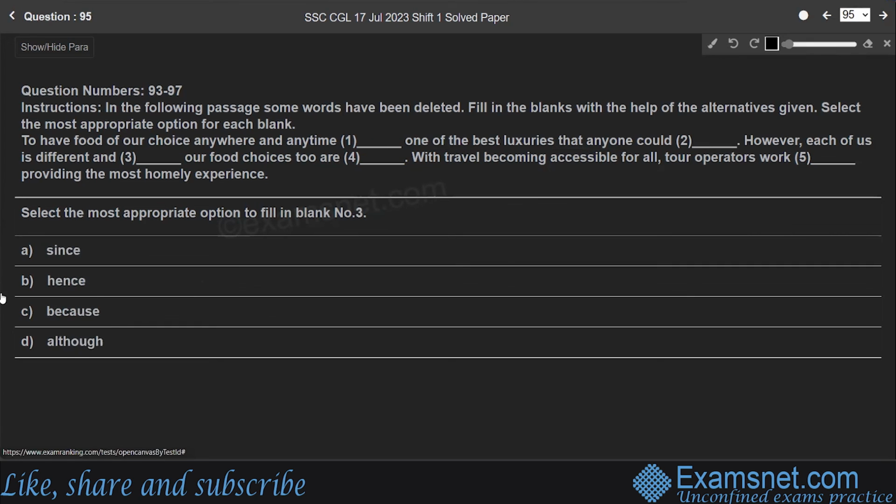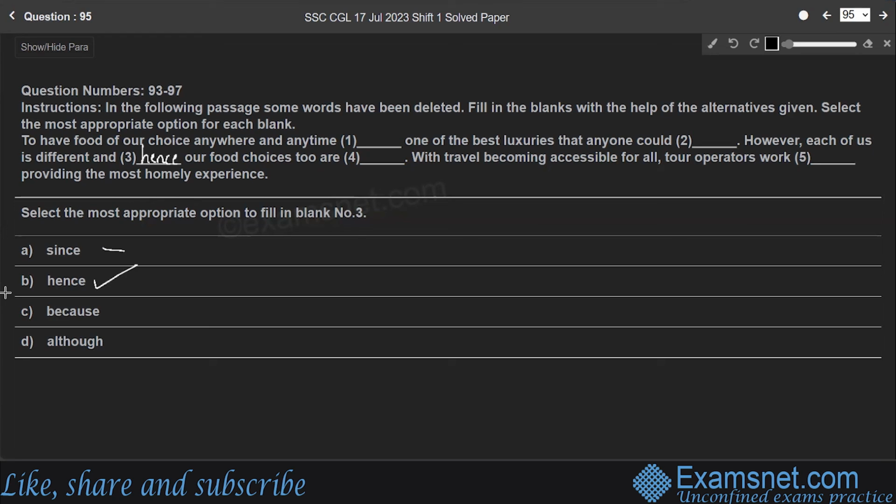So moving further, question 95. However, each of us is different and dash our food choices too are. Hence is the proper word, right? Because since and because are used when we need to mention the cause of an event.